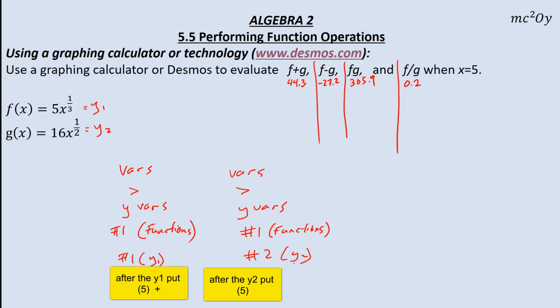On your screen you end up with y1 plus y2. You hit enter and you have your answer. Once you have it selected once, you can just arrow back over and hit subtract or multiply or divide.